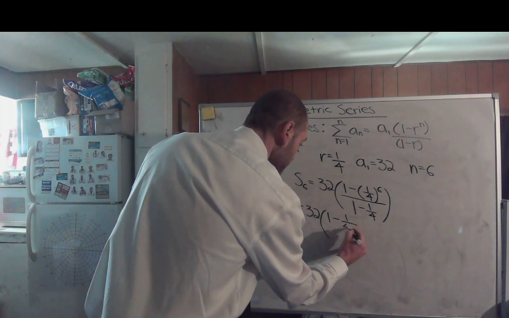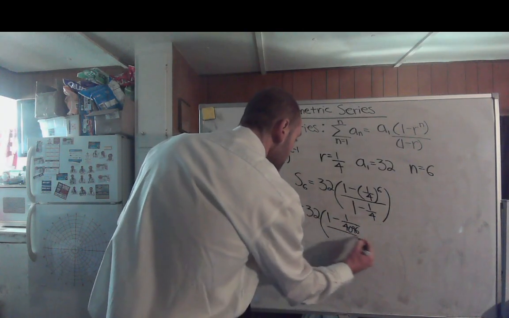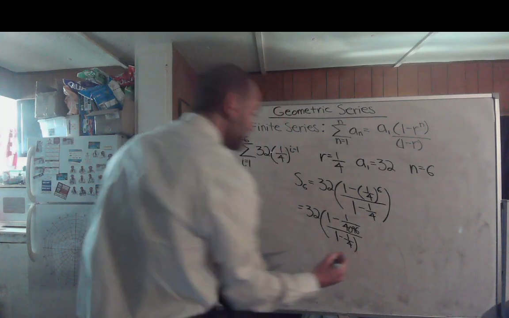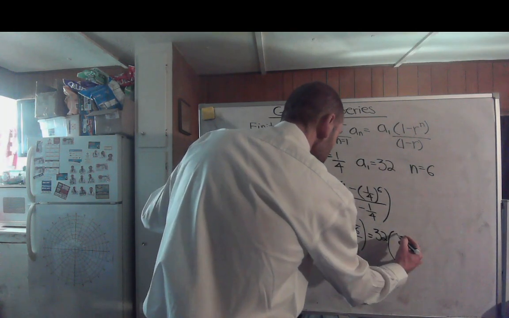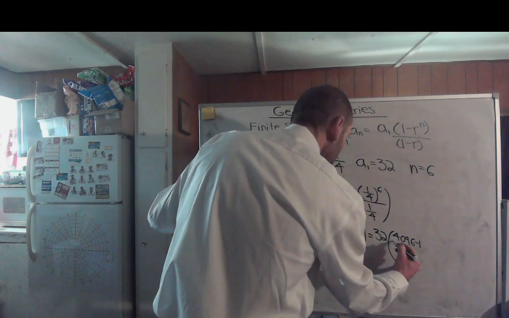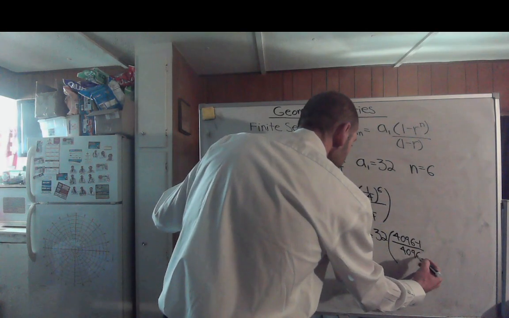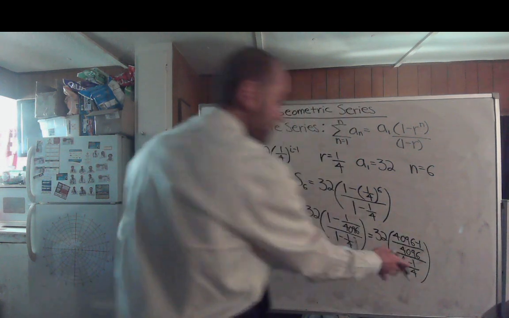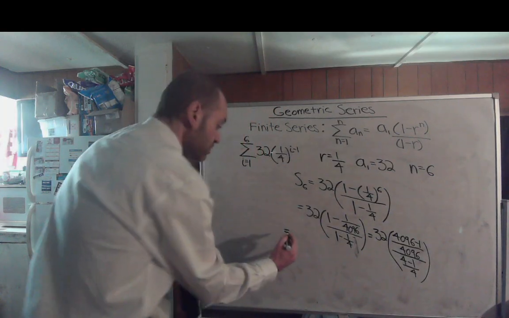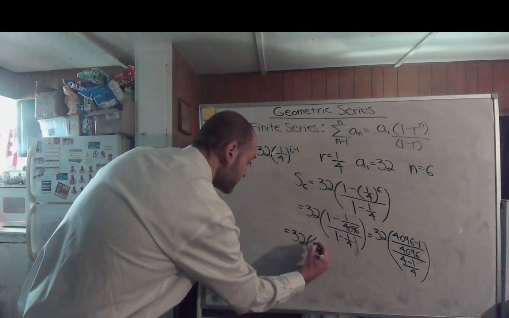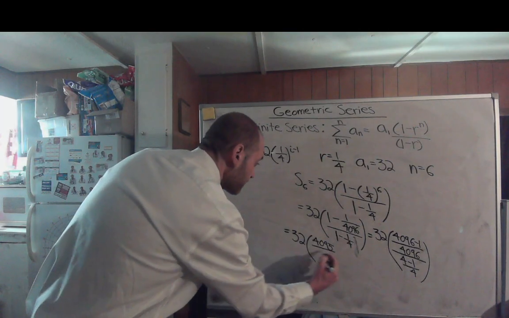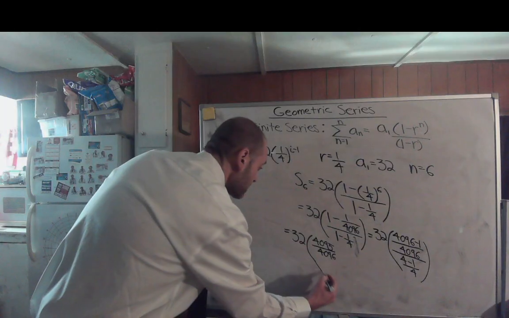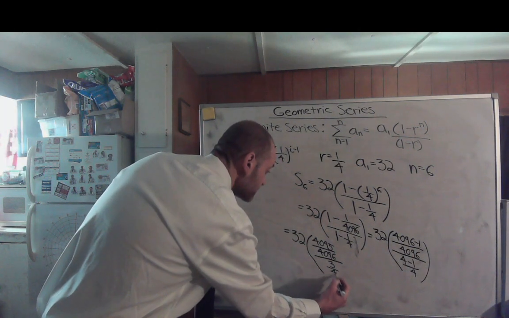4 to the 6th, so that's going to be 1 minus 1 over 4096, all over 1 minus 1/4, which is going to equal 32 times 4096 minus 1 over 4096, all over 4 minus 1 over 4, based on simplifying the numerator and denominator, which is going to equal 32 times 4095 over 4096, all over 3/4.